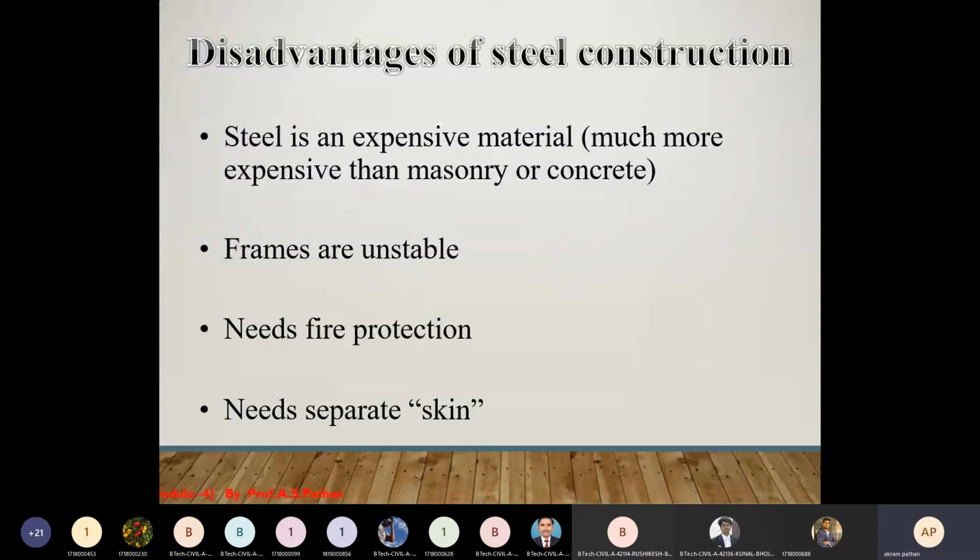Needs fire protection. There is a higher chance or possibility of fire in steel construction, so we need to take extra care. We need to apply certain coats on the steel members to avoid any fire situation on site. So these are the disadvantages regarding steel construction. Then it needs a separate skin.